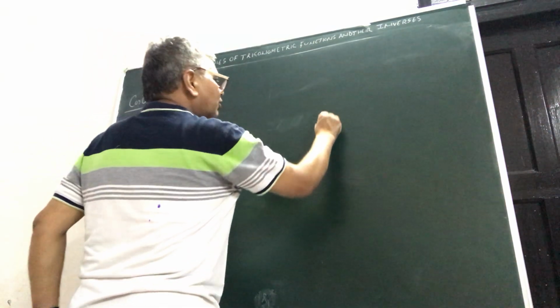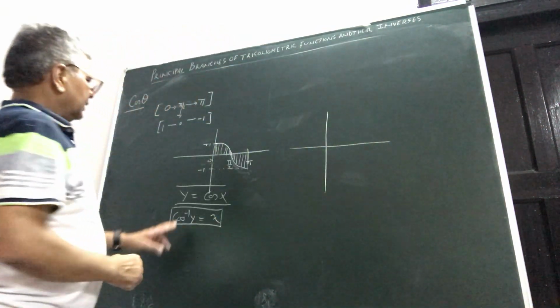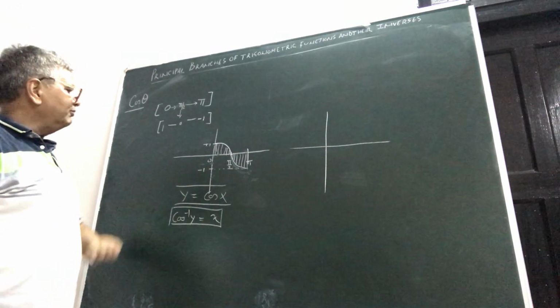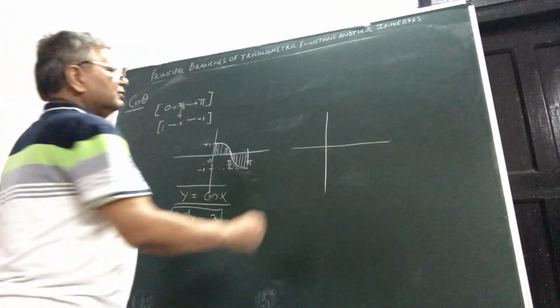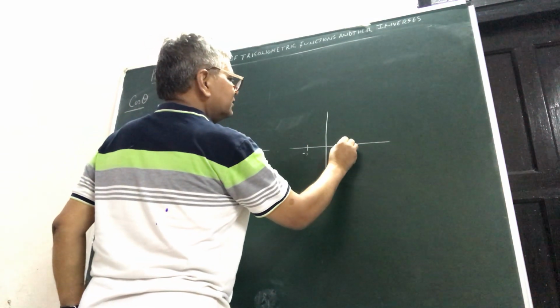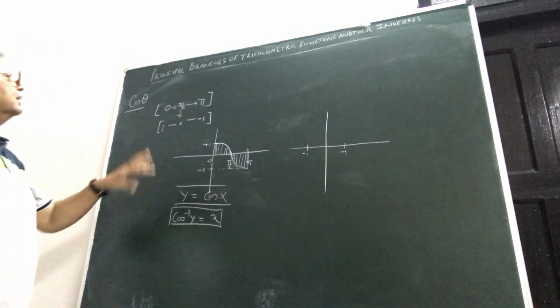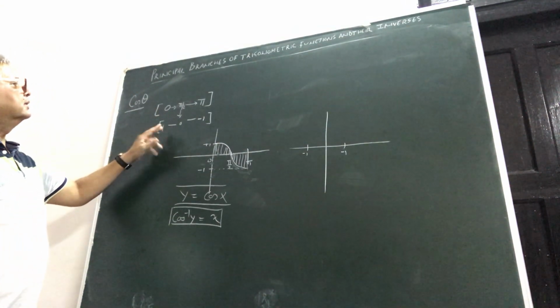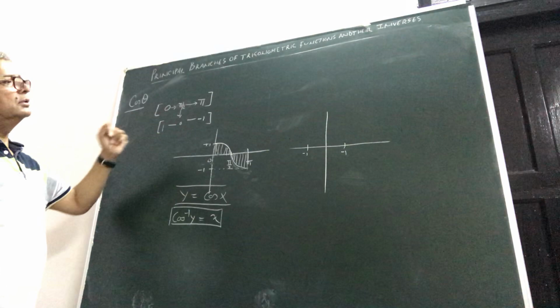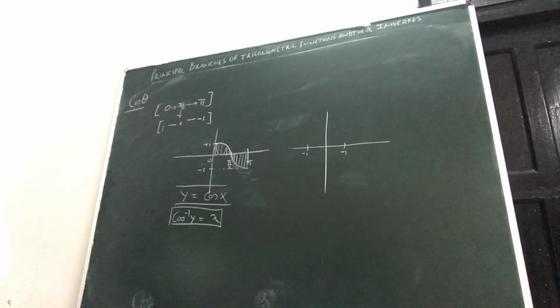So now I am plotting the curve of cos inverse y. Here the domain will be 1 to minus 1. Let it be minus 1, and at equal distance you make a mark for 1. The range is 0 to pi.